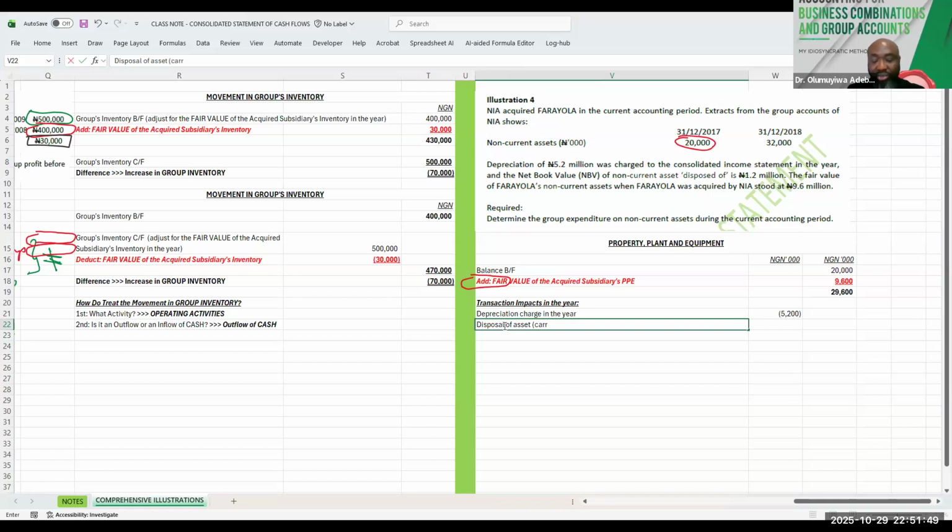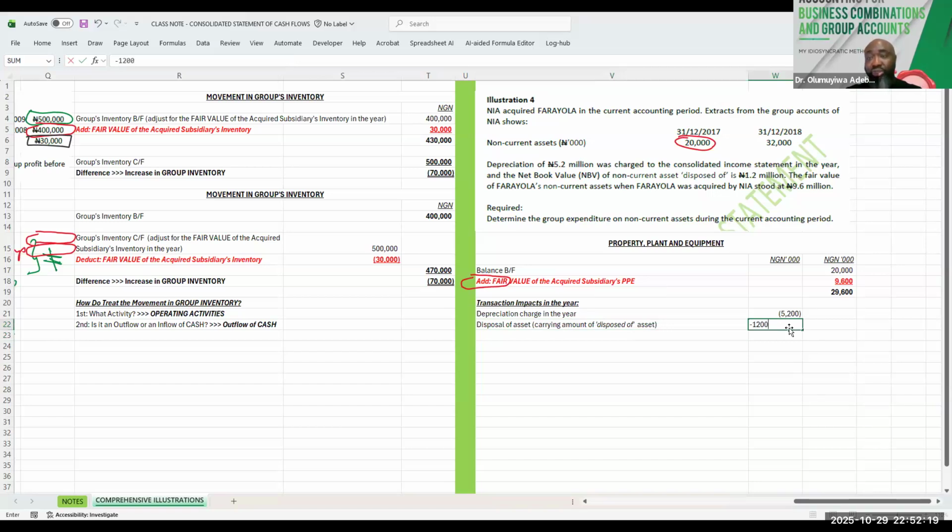The carrying amount of the disposed of assets will be used to reduce the carrying amount of other assets in the book, so that what we have left are carrying amounts associated with other assets.